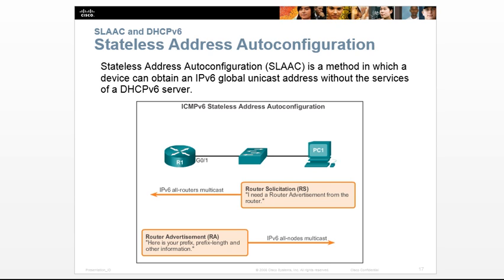A variation of this is what I use at home on Comcast to get IPv6 addresses on my system. And different routers call it different things. My pfSense router at home that runs FreeBSD calls it a track interface, but here they call it SLAAC, or SLAAC.